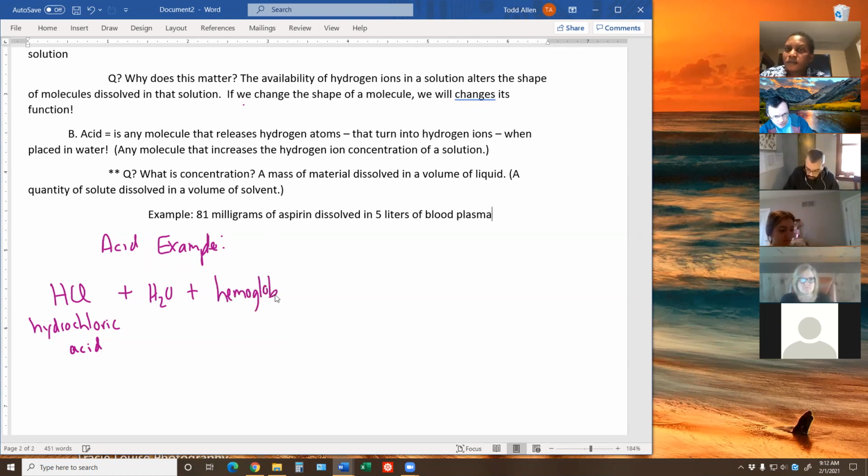Now, hemoglobin has a big chemical structure. I don't have it memorized, folks. That's why we have books. And you will learn about the structure of hemoglobin in AMP2. So suffice it to say, hemoglobin is a molecule that ultimately has a negative charge on its surface. So I'm drawing hemoglobin with a minus sign there.